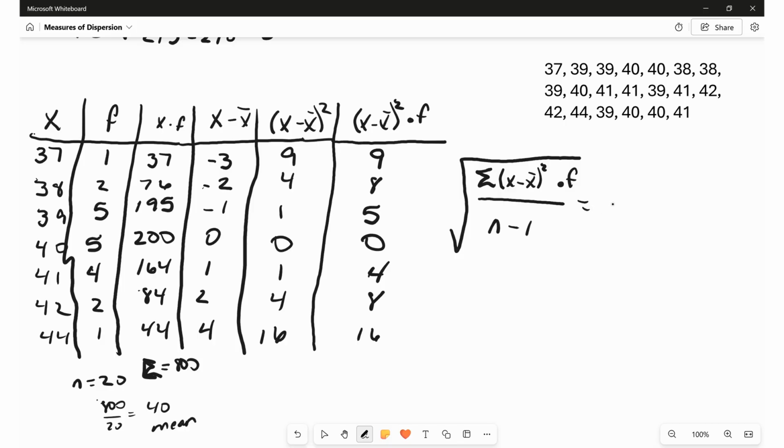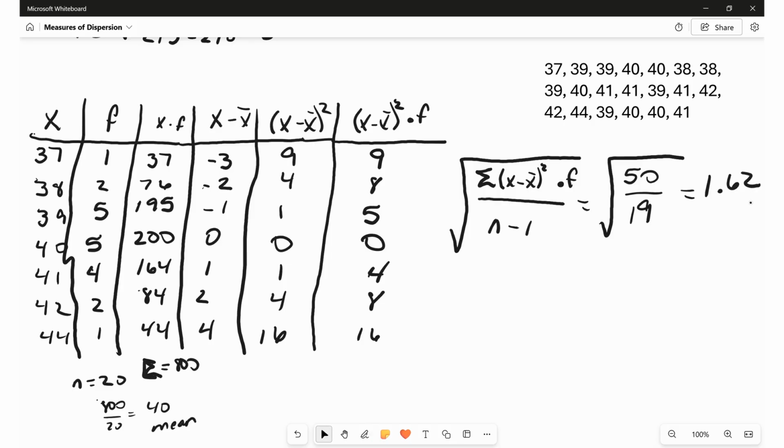So this ends up being the square root of 50, when we add up all of our deviation squared times frequency, divided by 19, which gives us a standard deviation of 1.62.